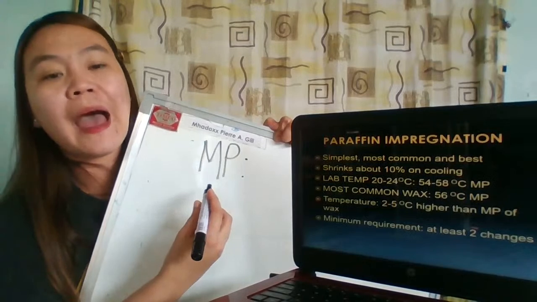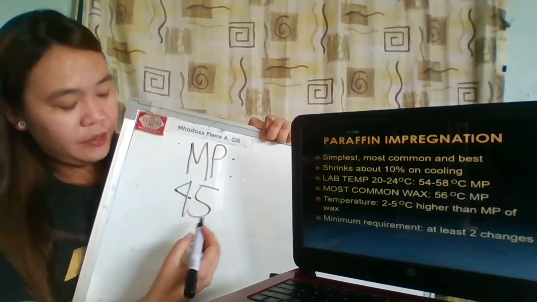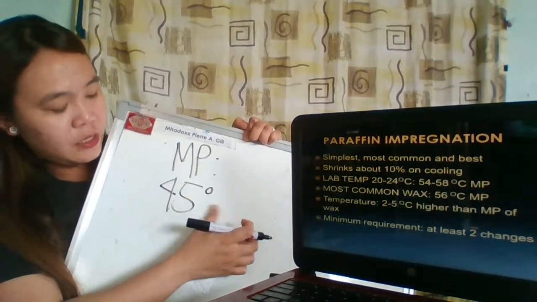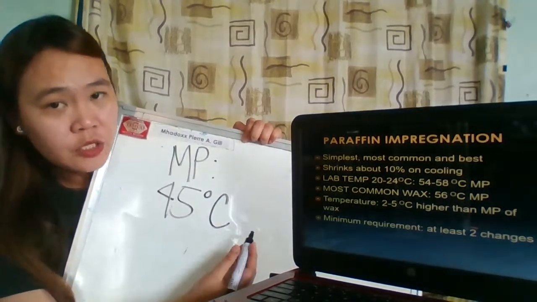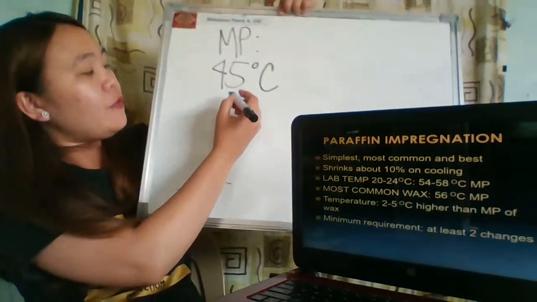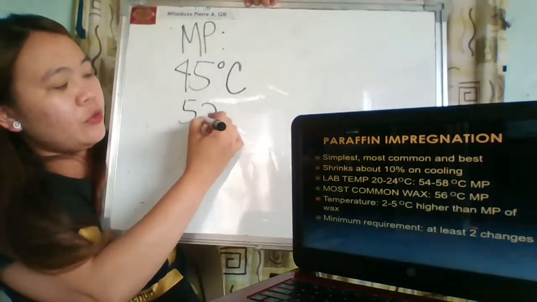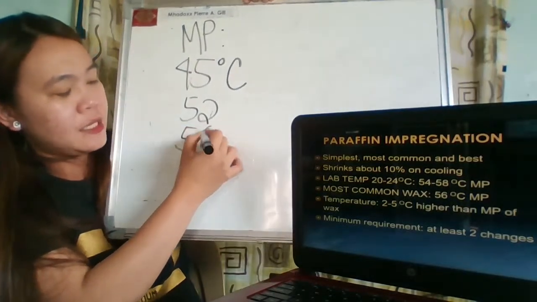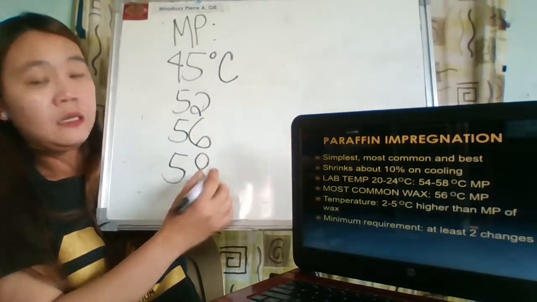First we have 45 degrees Celsius. There's degrees Celsius here because we are talking about melting points. Apart from 45 degrees Celsius, we also have 52 degrees Celsius, then 56, and lastly 58.